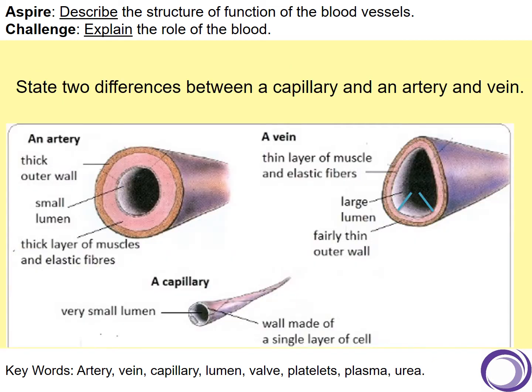Now there is one more blood vessel that you need to know about, and that is called a capillary. What happens is the blood flows out from the heart in an artery, in this case the aorta, and it travels, and it needs to get to every part of your body.